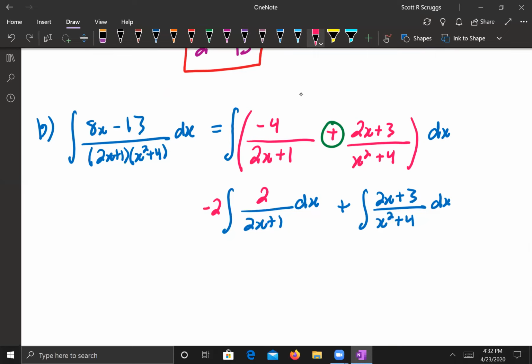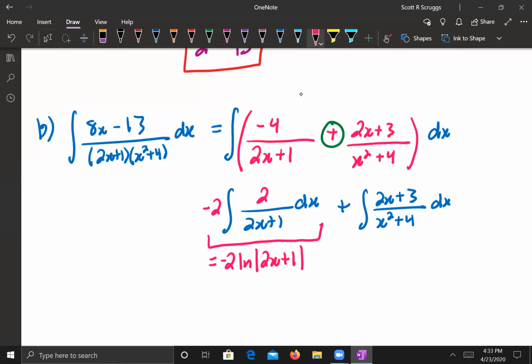So with u being 2x plus 1, du being 2 times dx, what you get back with respect to x is negative 2 times the natural log of the absolute value of 2x plus 1. Well, that's nice. We have one integral taken care of.